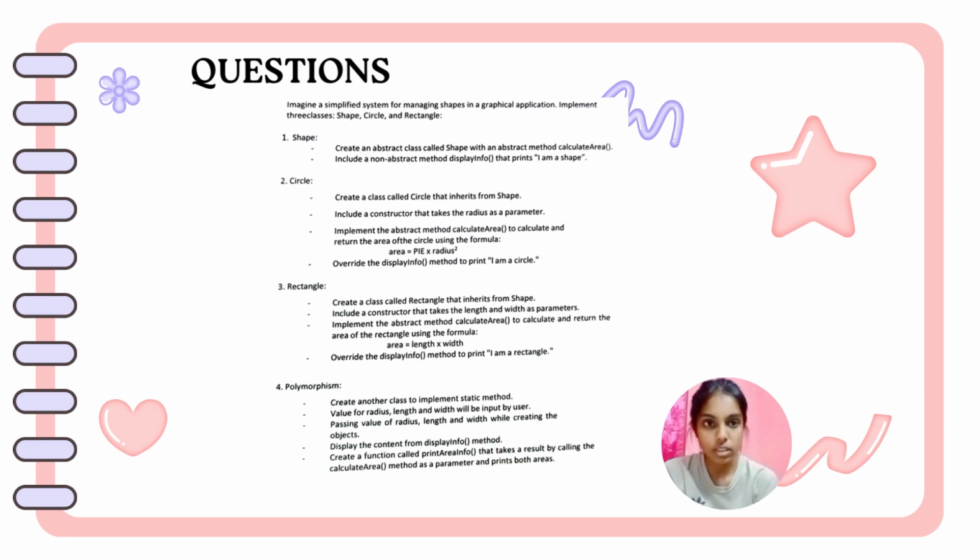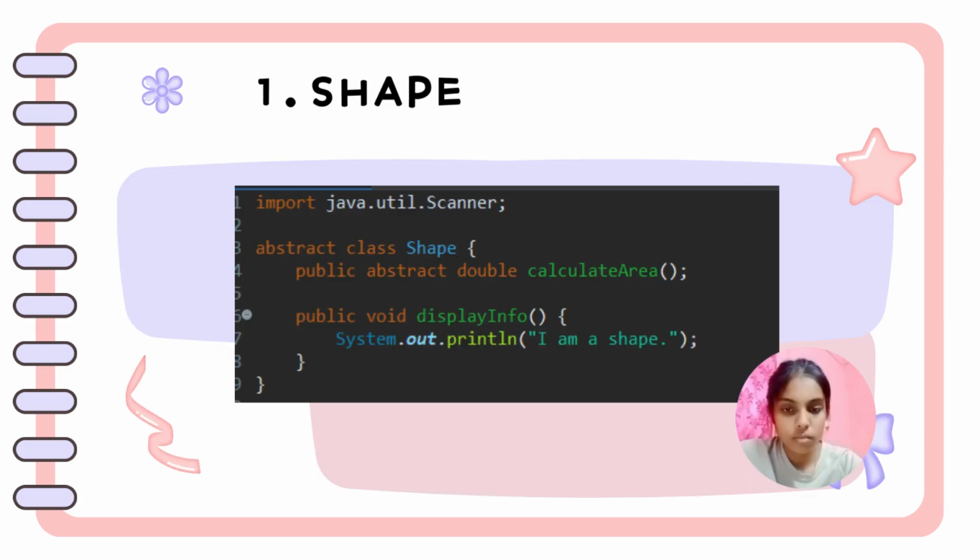Values for radius, length, and width will be input by the user, passed while creating the objects. Display the content from the displayInfo method. Create a function called printArea that takes the result of calling the calculateArea method as a parameter and prints both areas. So the first class is Shape.